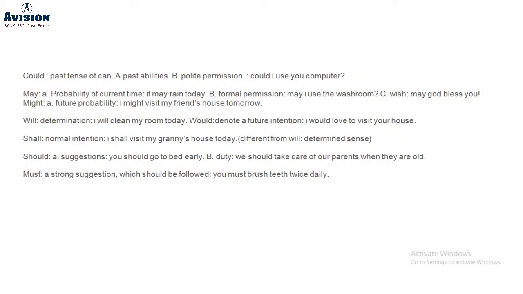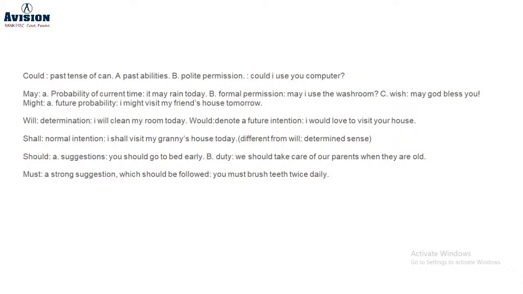It changes how the entire sentence turns out. Suppose there are two or three sentences, and in the whole paragraph you need to correct all the errors and give the correct forms of verbs. In that you need to understand what kind of sense it is conveying to us. So shall is for normal intentions, and will expresses a determination, a belief, a conviction. Would is for, as I said, future intention.